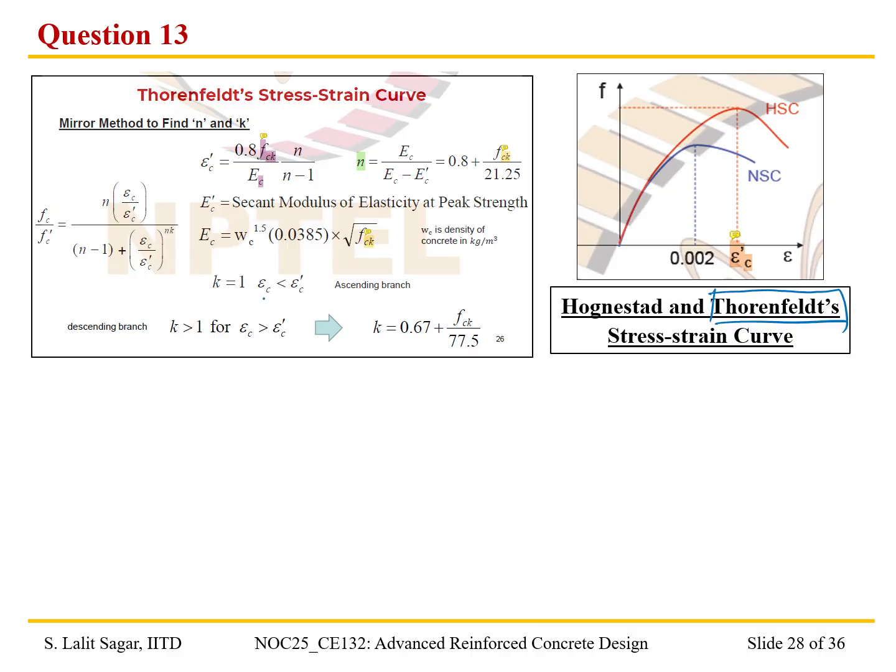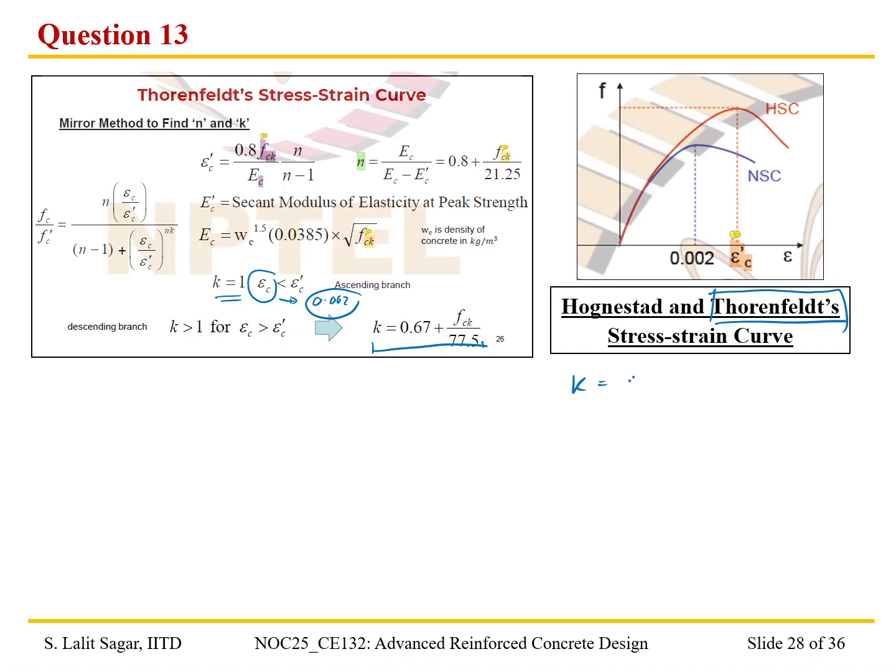For epsilon c equal to 0.002, we can take the value as 1. But for strains greater than 0.002, we need to determine the value of K using this particular equation. Let us go ahead and find out the value of K now.